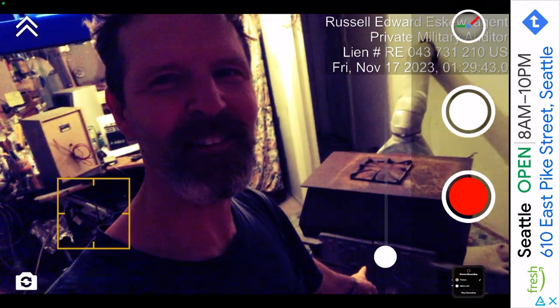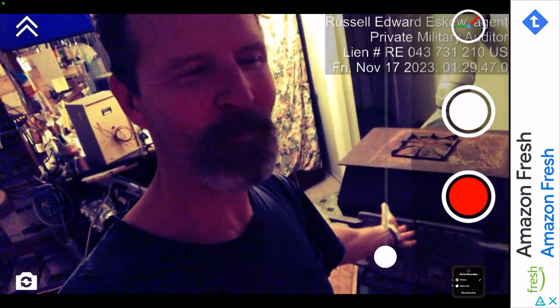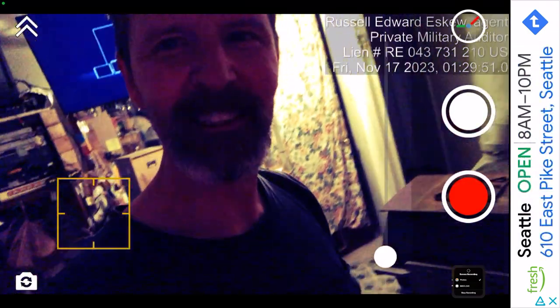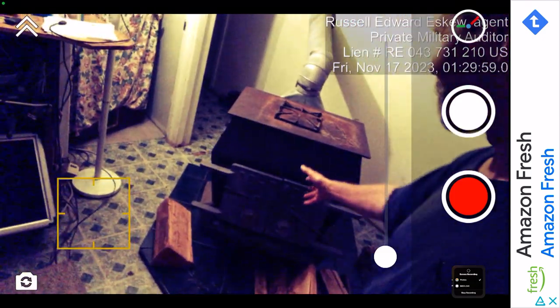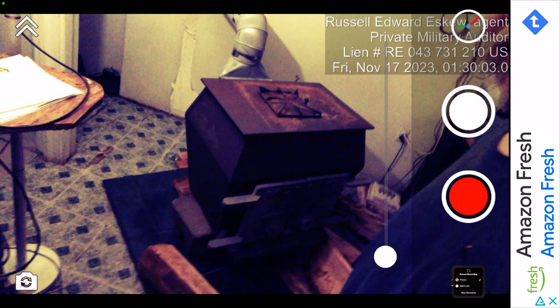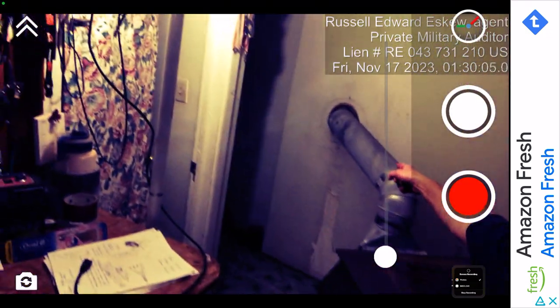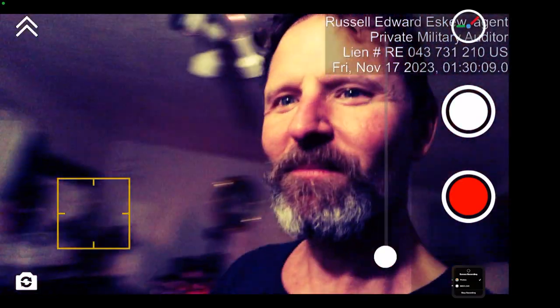Today's modern wood stoves are constructed in such a way that they don't smoke out all over the place. But this is an old wood stove, man. This big cast iron box goes right into the wall, to the chimney.